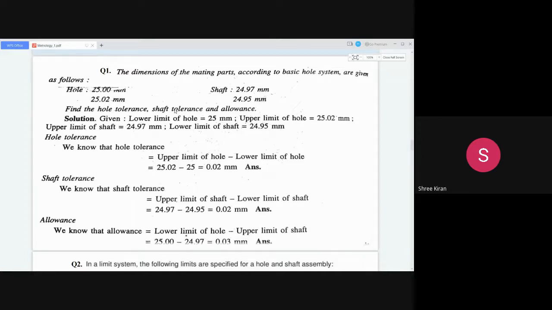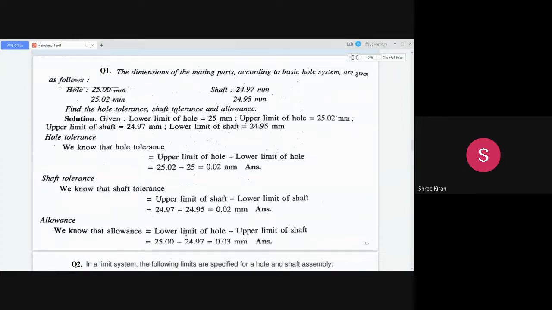Now just note down the given values: the lower limit of the hole is 25 mm and the upper limit of the hole is 25.02 mm. The upper limit of the shaft is 24.97 mm and the lower limit of the shaft is 24.95 mm. So now we have to find out the hole tolerance, shaft tolerance and allowance.